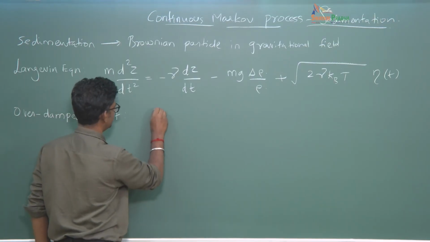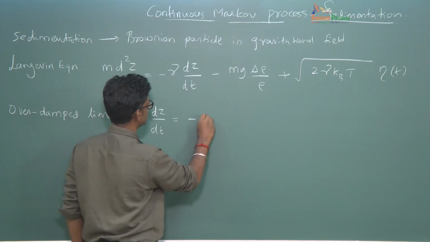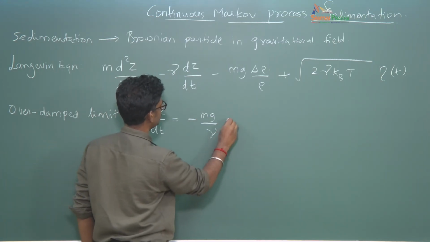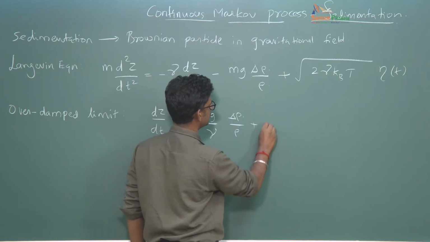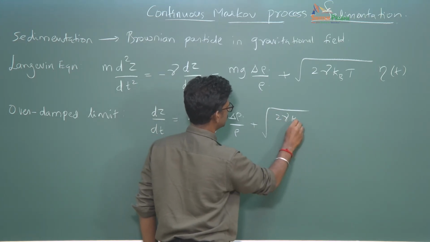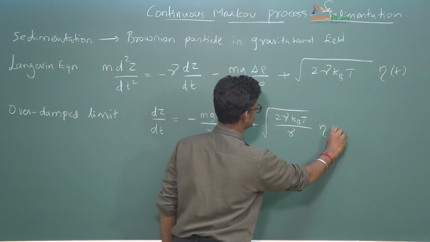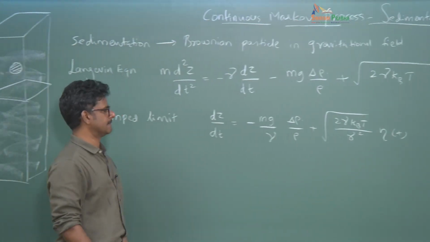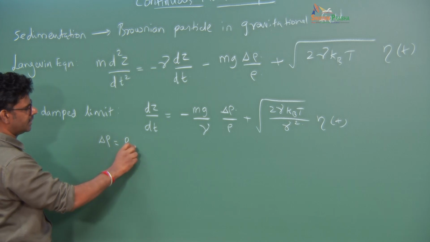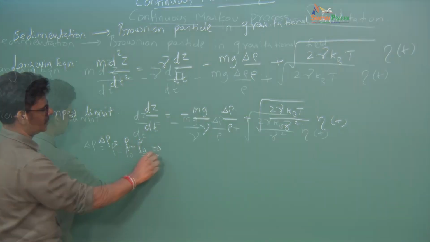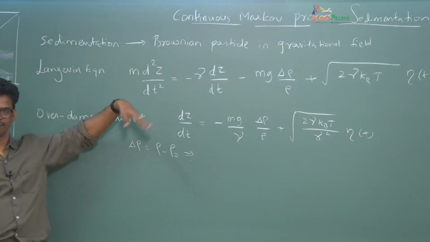So we say that dz by dt is equal to minus mg by gamma, delta rho by rho, plus the noise term. Here delta rho is rho minus rho naught, which is the density difference between the particle and the background fluid, the medium.